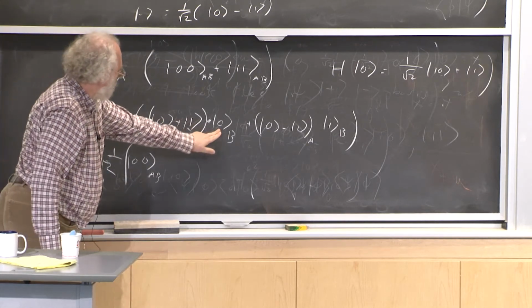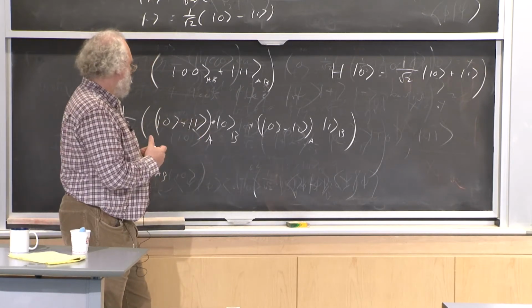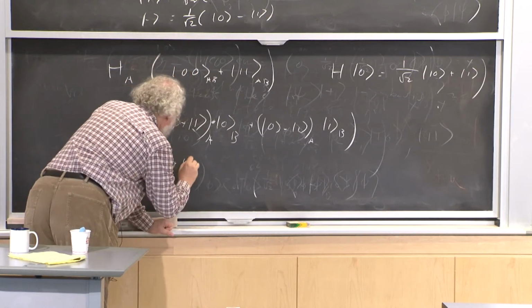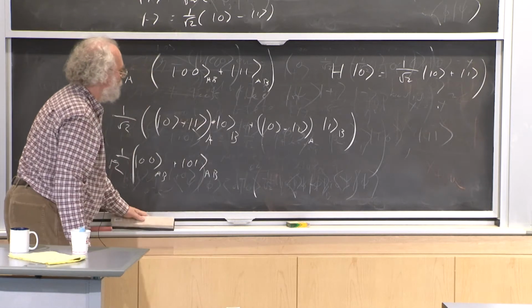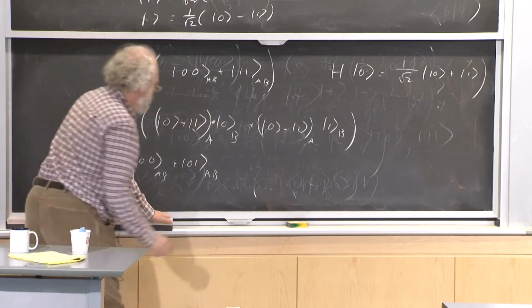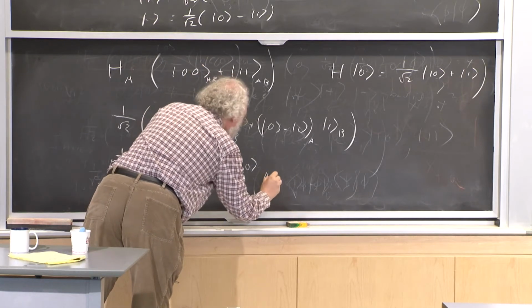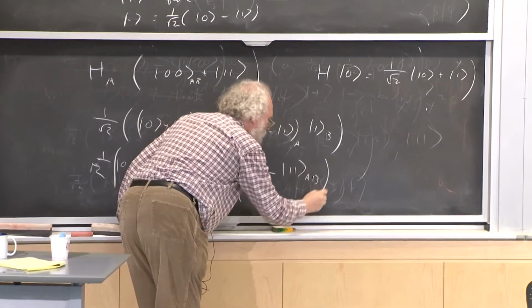So we have a 0,0. And now the next one, if we're writing them in lexicographic order, is 0,1 plus 0,1 AB plus 1,0 AB minus 1,1 AB.